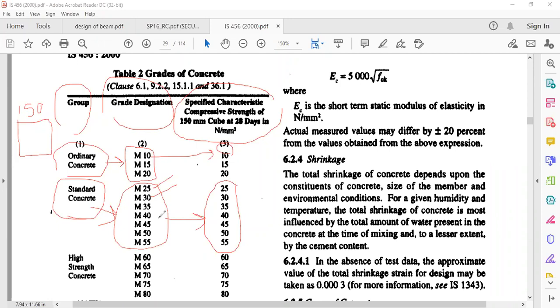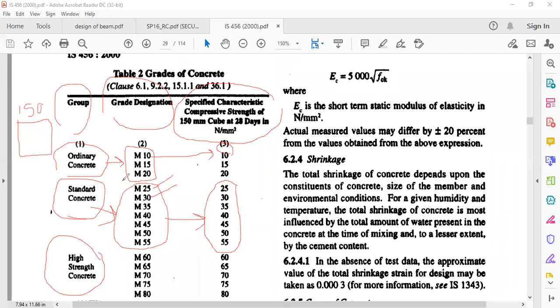But apart from that, it depends upon what kind of loading is there and what kind of structural utilization is there. According to that, you can even go for high strength concrete.